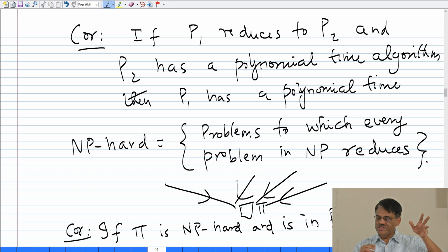The conversion is the same, G goes to G, that is the algorithm, and there is more work happening at the output level. The point is that we use a polynomial time algorithm for this problem, and we may do some modifications to solve the original problem.